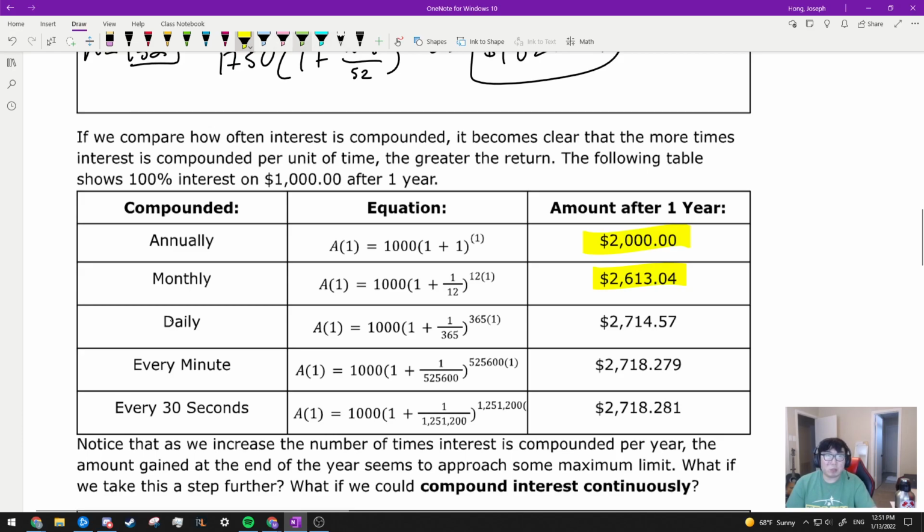My time is just 1 year. The only thing that's different is that n is equal to 1 here, n is equal to 12, n is equal to 365, and n is whatever. It's growing. So the bigger your n, the more you're going to grow.